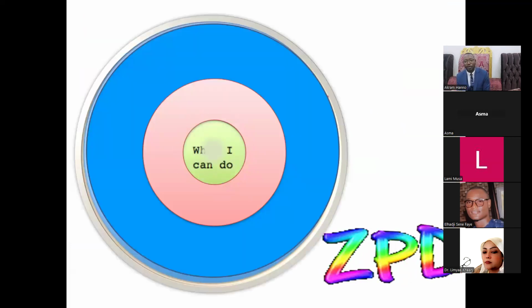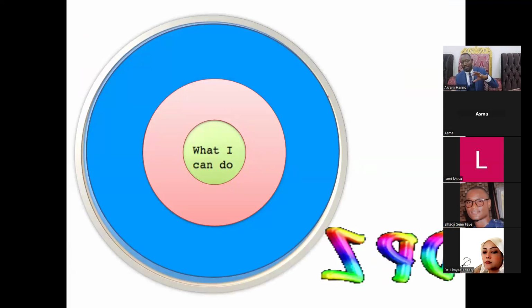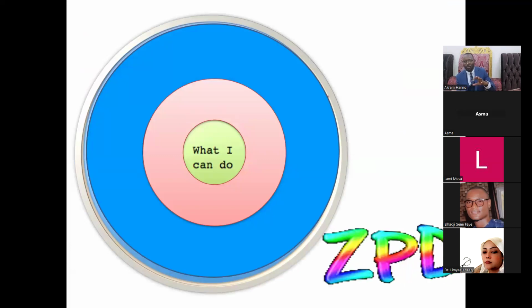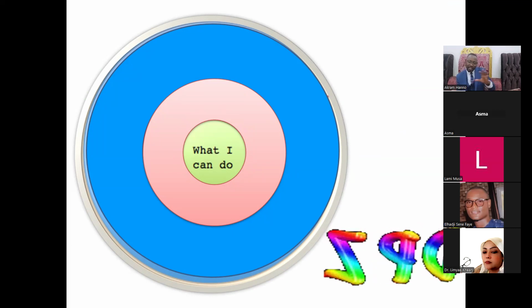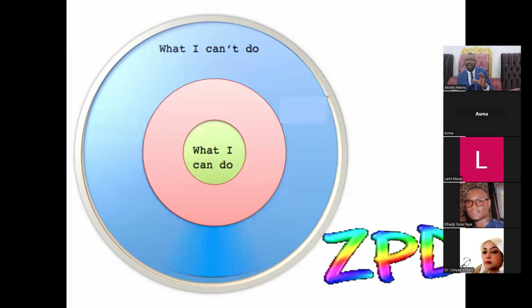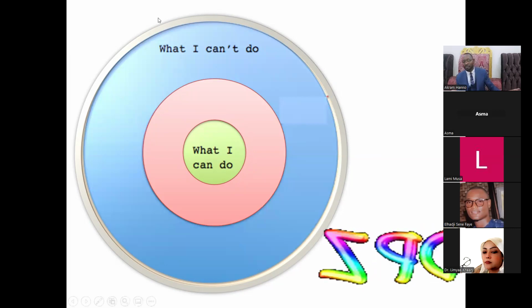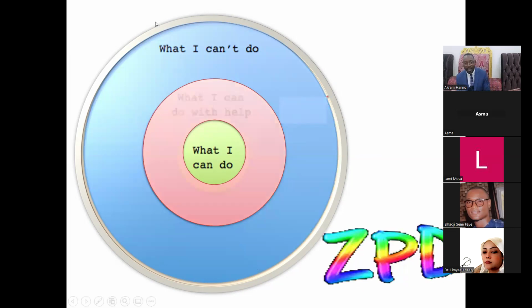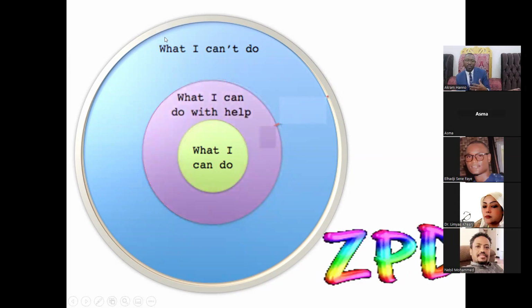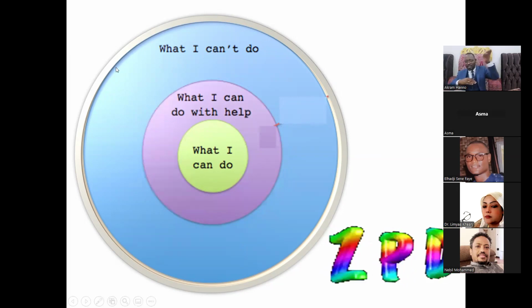But Lev Vygotsky sees that there's an area where an infant can do things on his own, and there's another area beyond his reach, and there's something that he can do with the help of others. So between what I can do alone and what I can do with help, there's something in between.